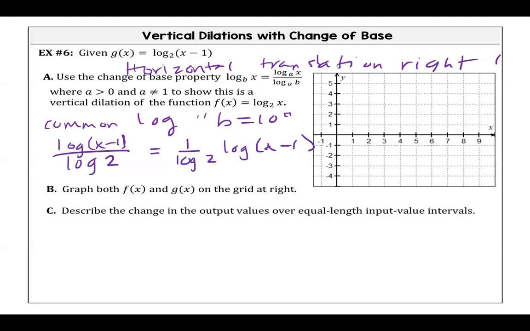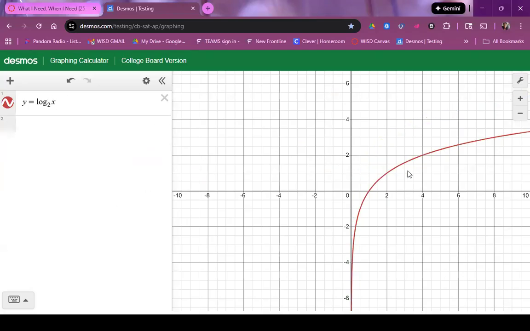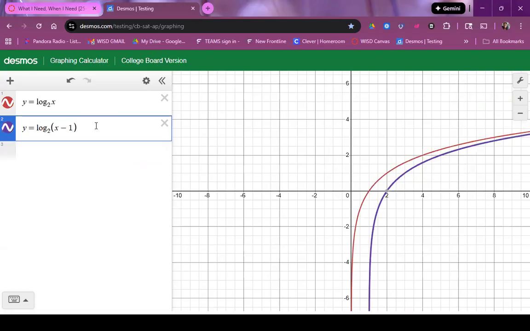Okay, that's why I said I'm going to do this one in the handy dandy calculator. All right, here's our parent function, the red guy, right? Then we're going to have our transformation. So our transformation is y equals log base 2 of x minus 1.